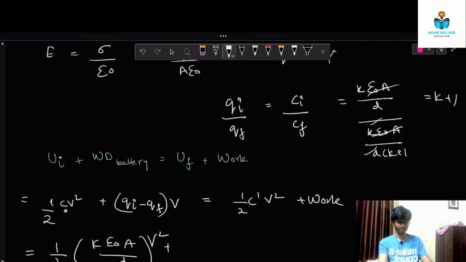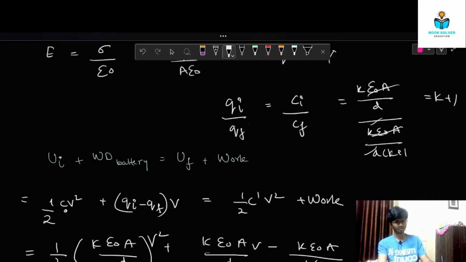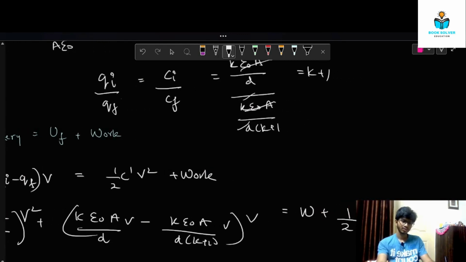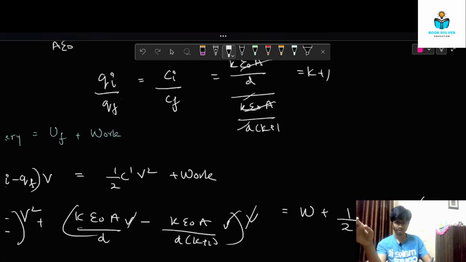It is basically C initial into V, so that is K epsilon naught A by d into V. Q final would be K epsilon naught A by d into K plus 1 into V. Okay, this is equal to work plus half into K epsilon naught A by d into K plus 1 V square. Also V square, V square, V square.